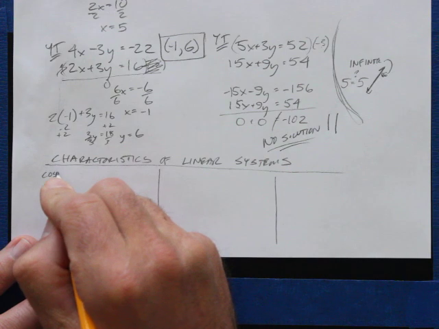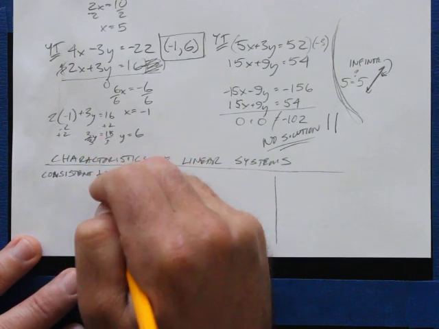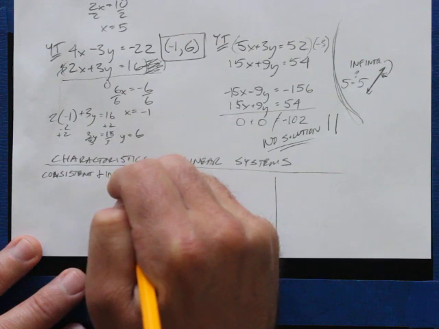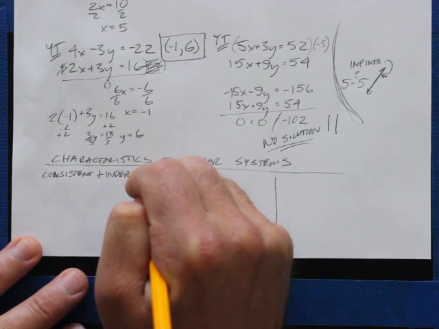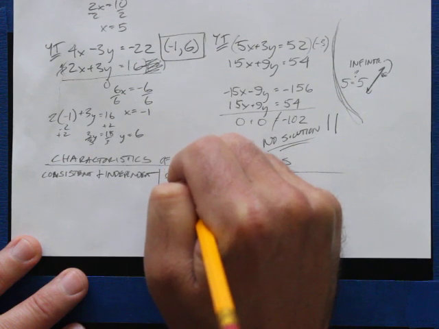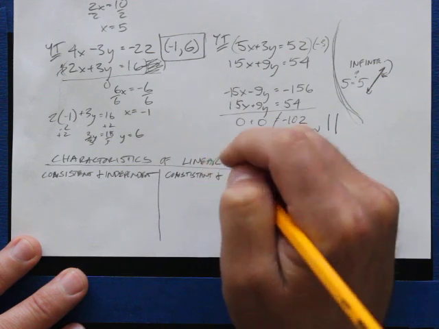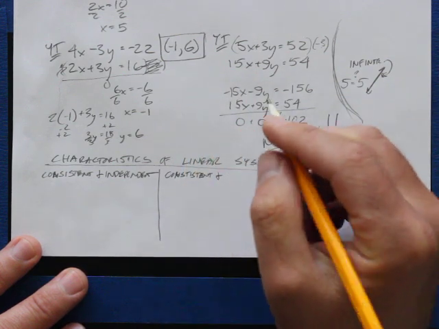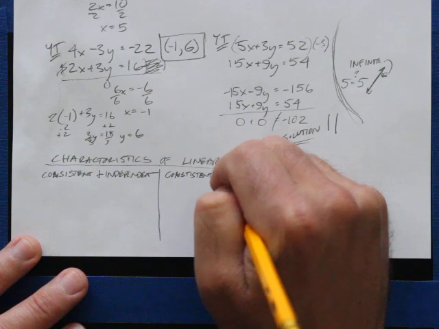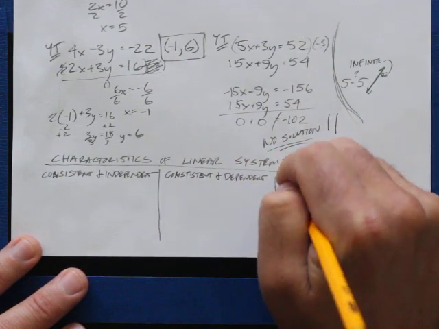One is consistent and independent. One is consistent and dependent. And the last is inconsistent.